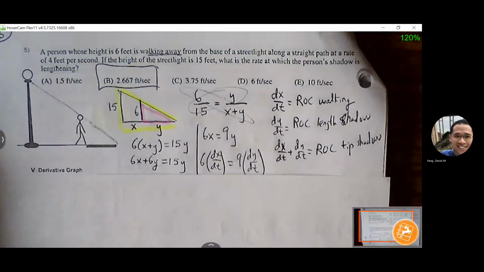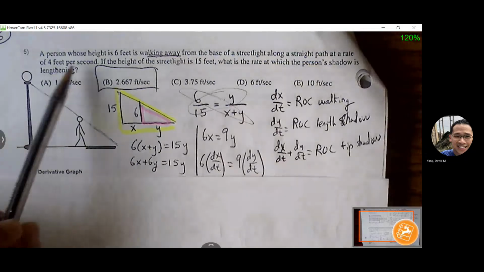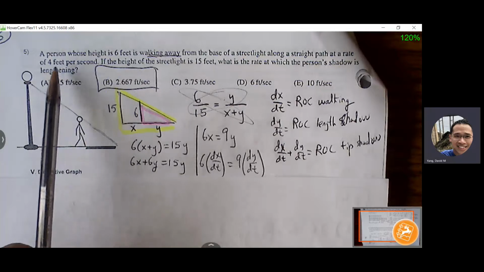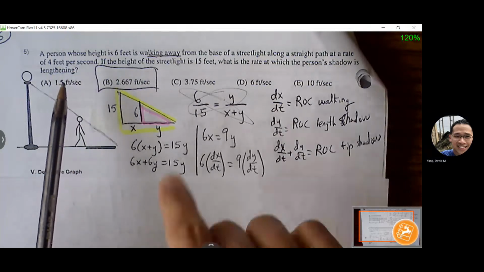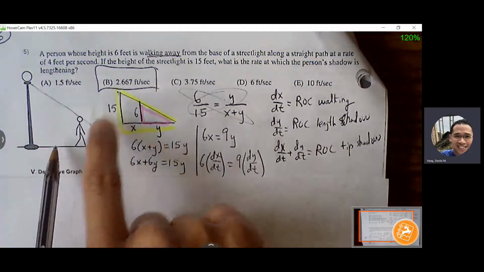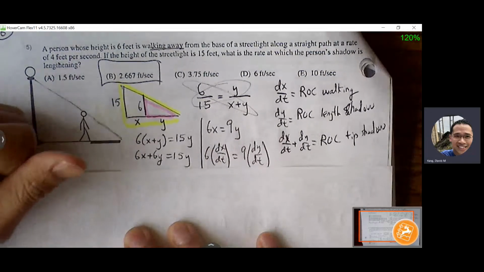What do you think? The person is walking away from the base of the street light at a rate of 4 feet per second. dx/dt, okay? Positive or negative? Positive because it's getting bigger, good. Walking away causes that x value to grow. So we know dx/dt is positive.